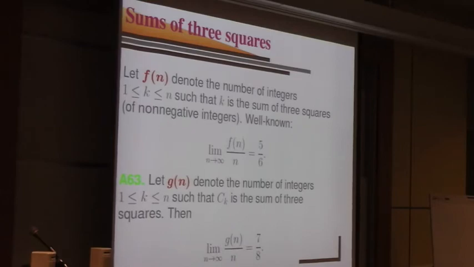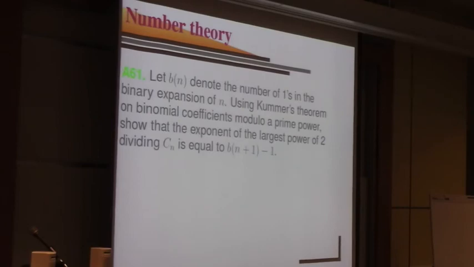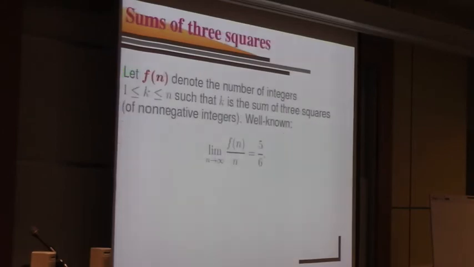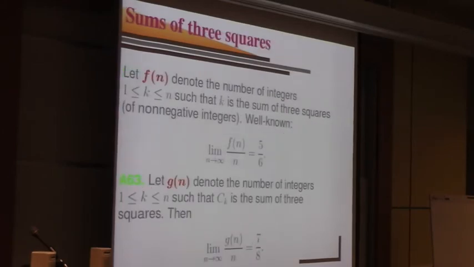I don't have time to go into it, but it follows pretty easily from this theorem about the largest power of 2 dividing Catalan numbers and the known characterization that n is not a sum of 3 squares if and only if it's a power of 4 times a number congruent to 7 mod 8.